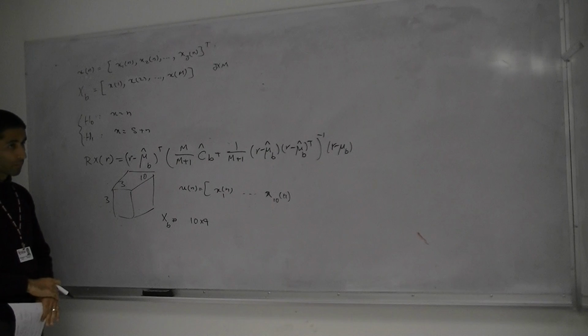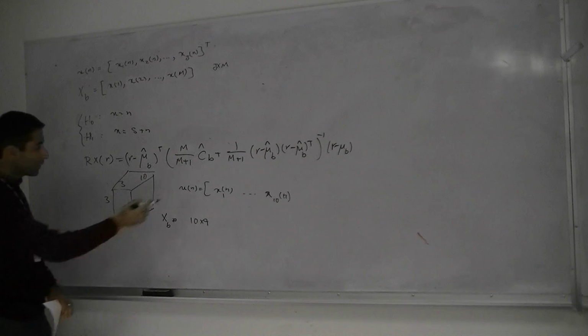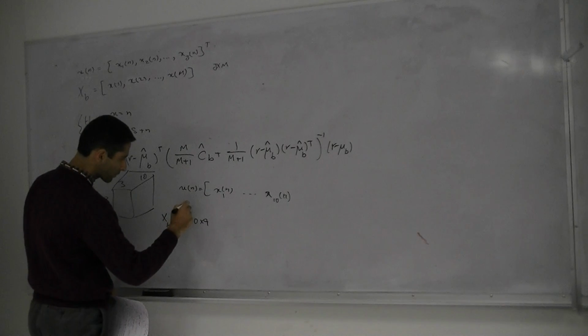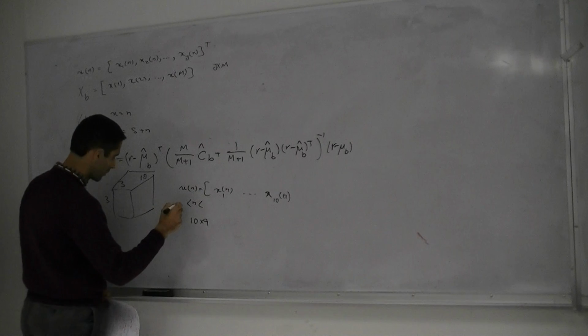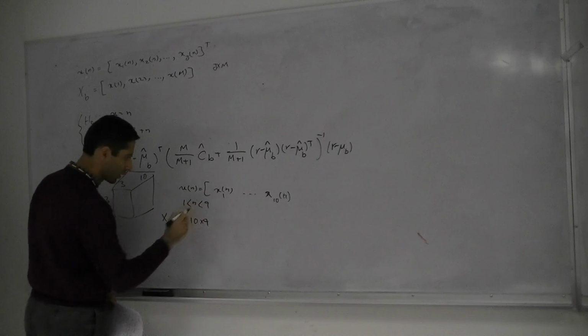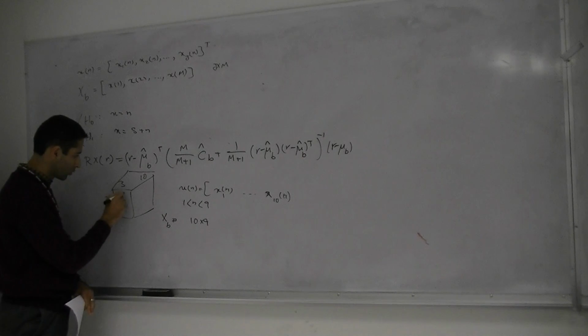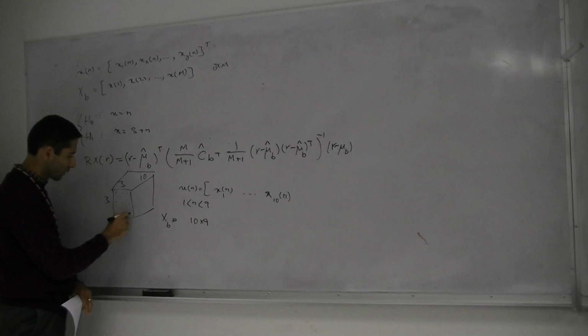So n is between 1 and 9: 1, 2, 3, 4, 5, 6, 7, 8, 9.